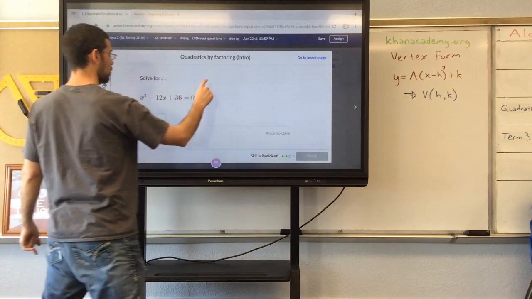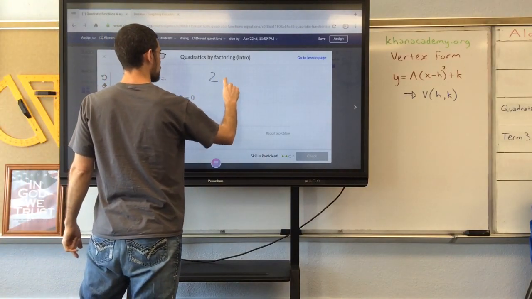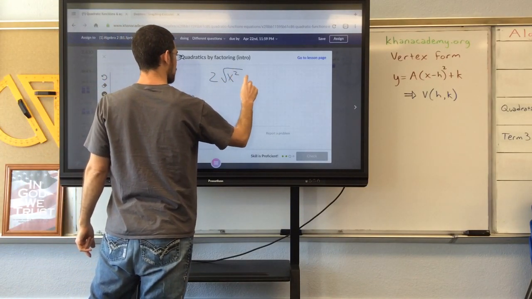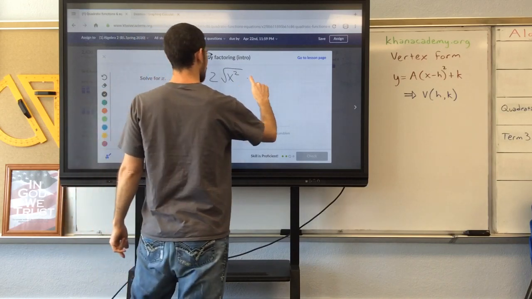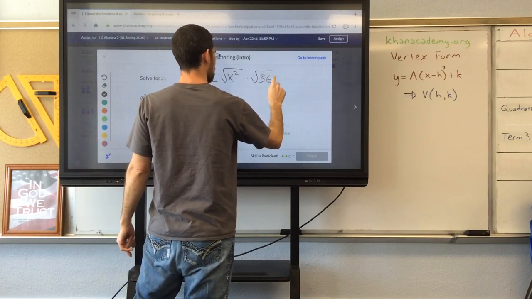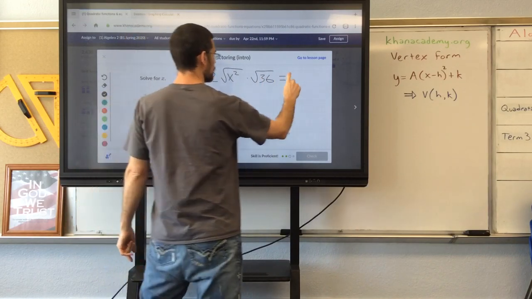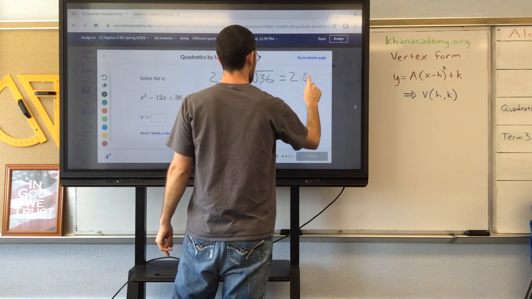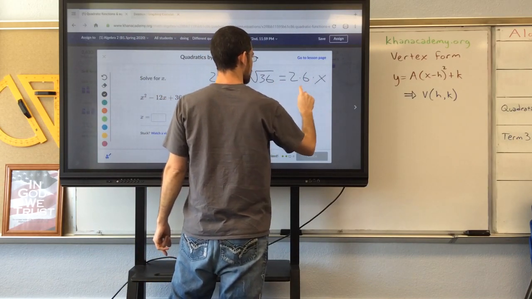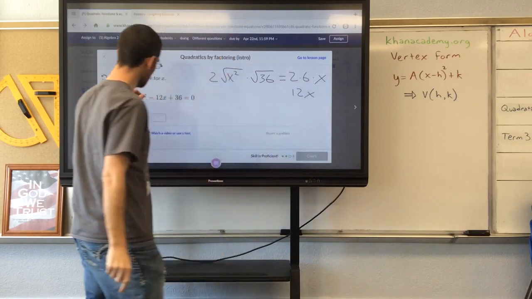That looks like this: 2 times the square root of x squared times the square root of 36 equals 2 times 6 times x, which is 12x. So that's my middle term.